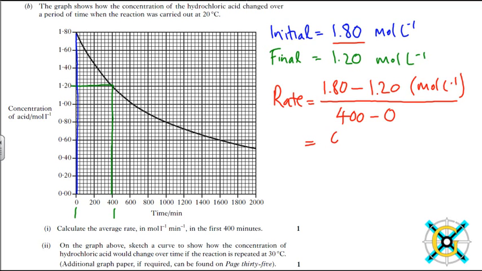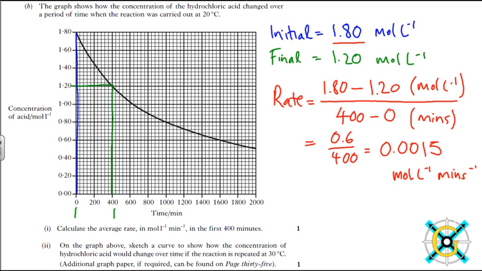Therefore, 0.6 divided by 400 equals 0.0015. Because there's minutes in the bottom, the units are mol l^-1 min^-1. So that's the answer for the first part.